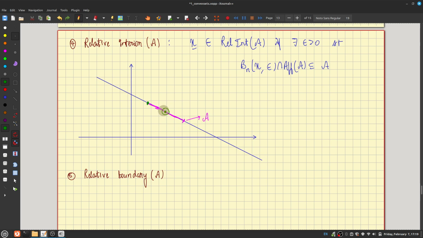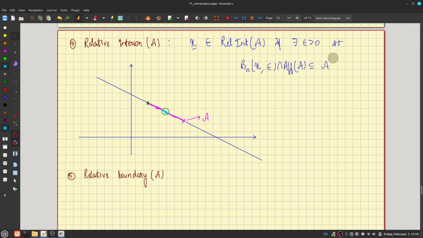So the intersection of this ball with it is basically another line segment, right? Agree with me? And this line segment is contained within the set A.